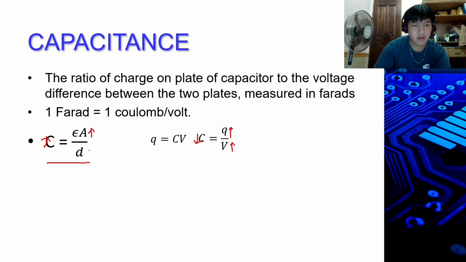And if the distance is low, the capacitance is higher. Okay. If the permittivity or epsilon is high, the capacitance is also higher.